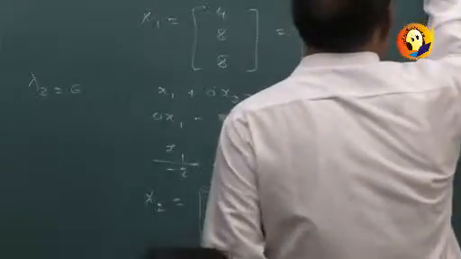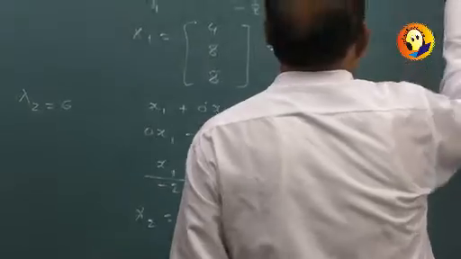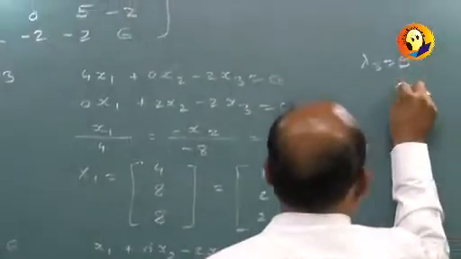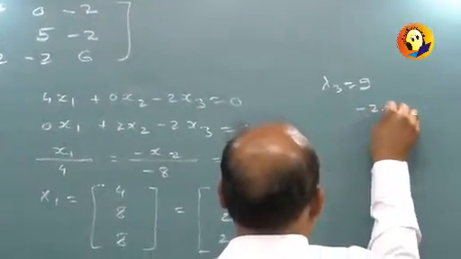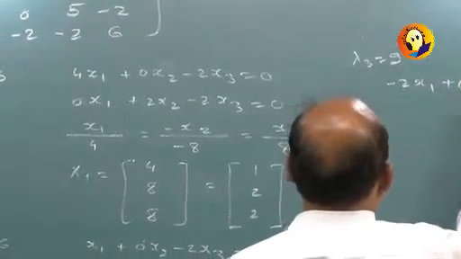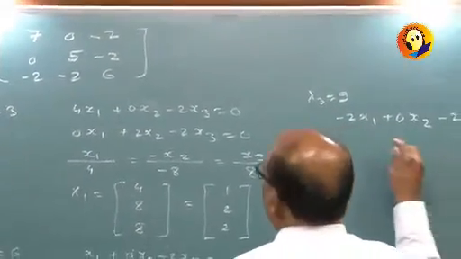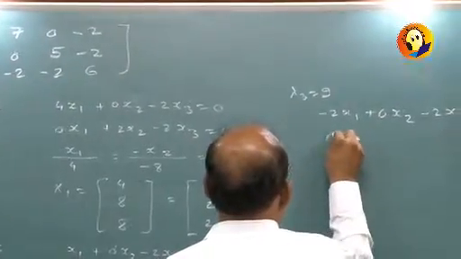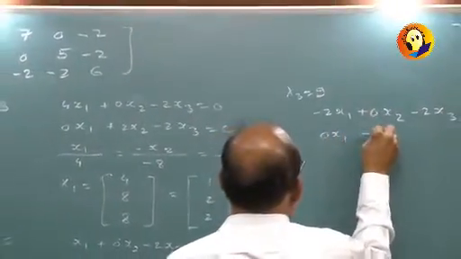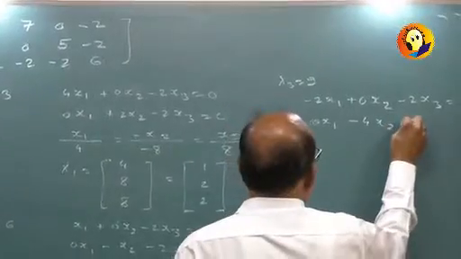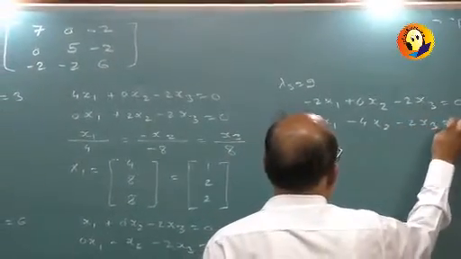And at lambda 3 equal to 9, equations will be minus 2x1 plus 0x2 minus 2x3 equal to 0, and 0x1 minus 4x2 minus 2x3 equal to 0.